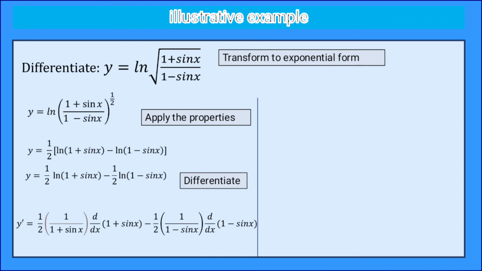Alright, and what are the derivatives of 1 plus sine x and 1 minus sine x? Since we already have the 1, you already know that when we get the derivative of a constant, it will automatically be 0.